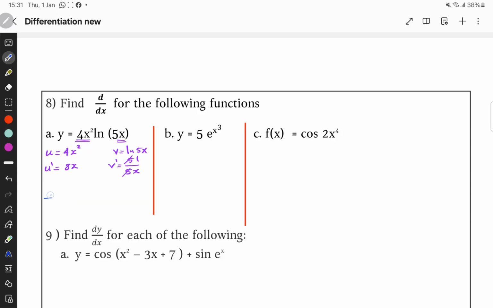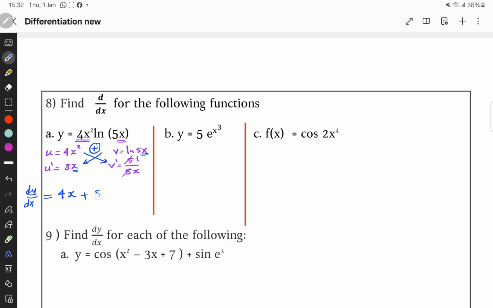Apply the rules only. So dy with respect to x is equal to u times v prime. So 4 times 1 will be 4. x squared up divided by x down will be x. In product rule, it's plus. 8x times ln 5x, we cannot multiply that x by that x, because that 5x is inside ln, not outside.